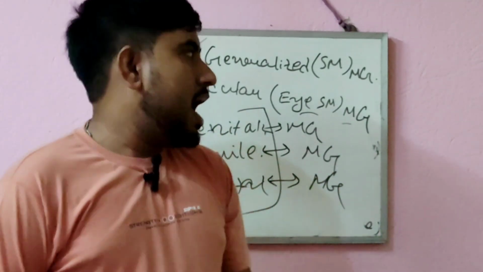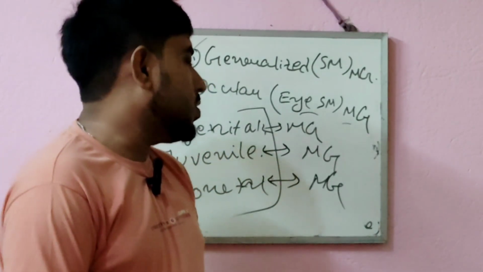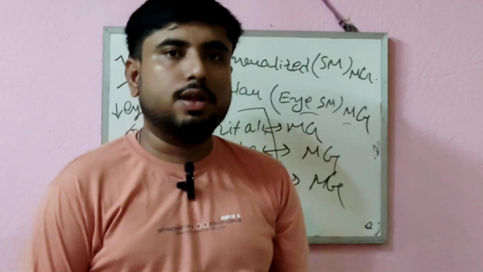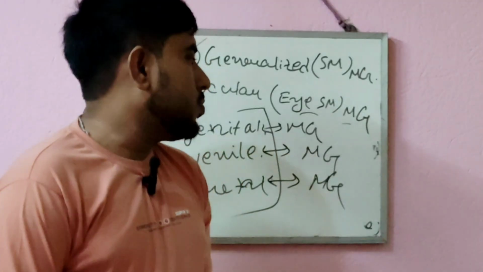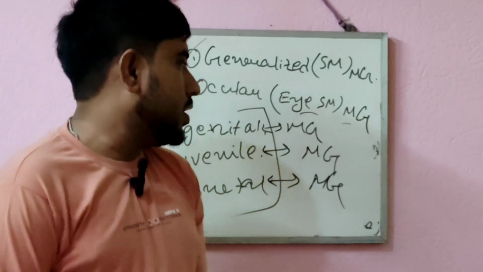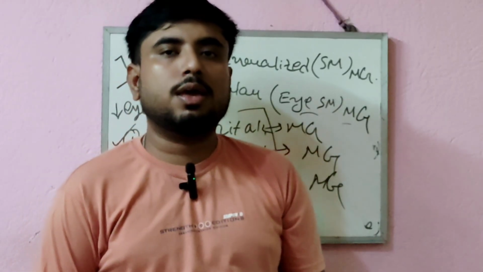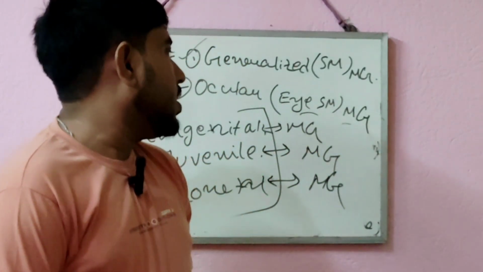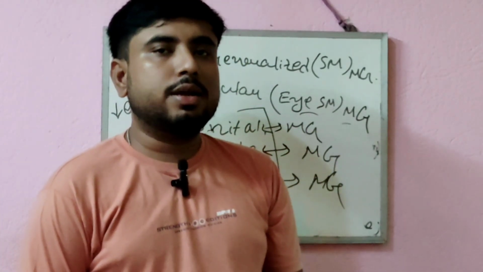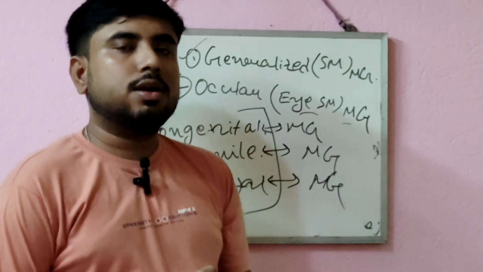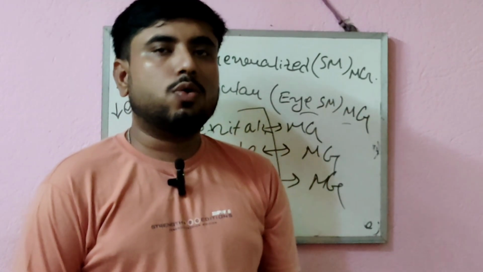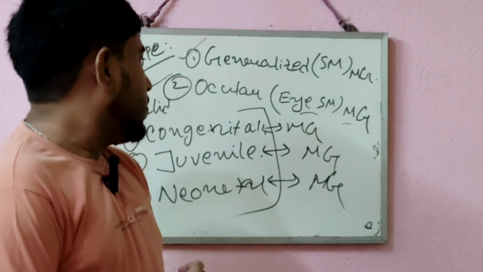So by that I have discussed myasthenia gravis: the definition, the symptoms, the reasons for it, and the symptoms by which you can understand that people may be affected by myasthenia gravis. Then we have to prove it by the diagnosis process, where we studied the serum acetylcholine receptor test.